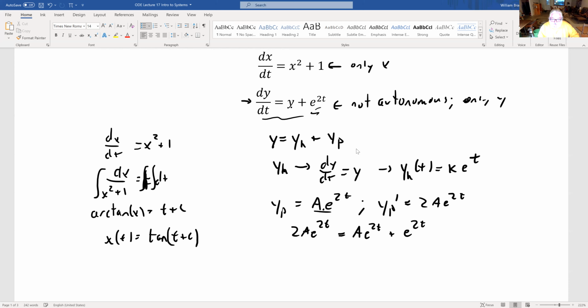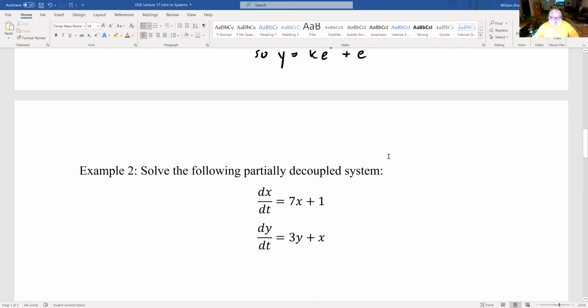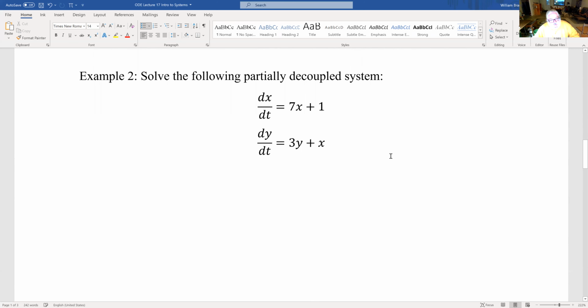So just plug these two things into this equation. The e to the 2t's all cancel out. You can find a 1 here, and that gives me a equals 1. So y is yh plus yp. It's k e to the t plus e to the 2t. Okay. So this is called a decoupled system. It's autonomous.